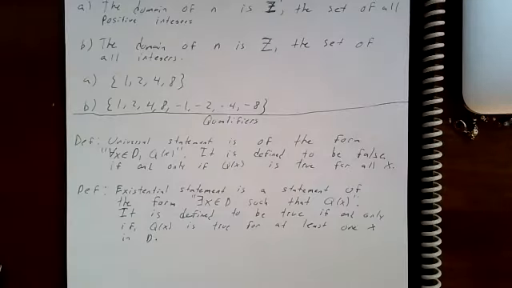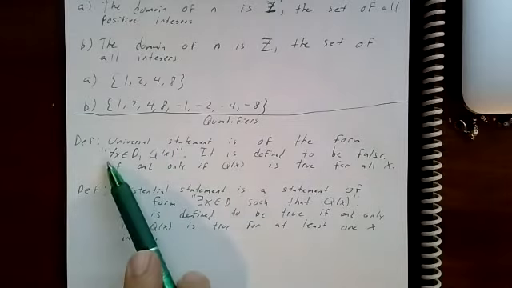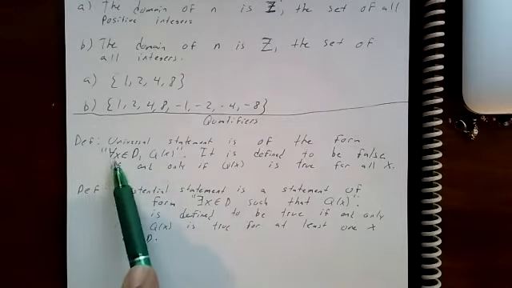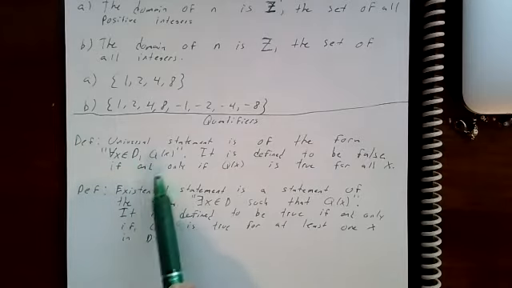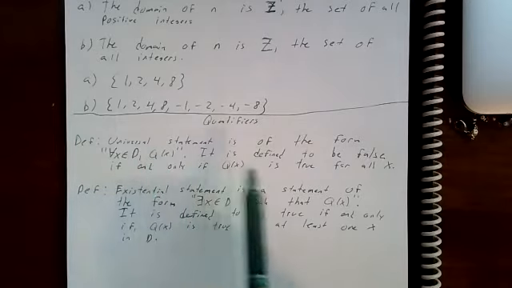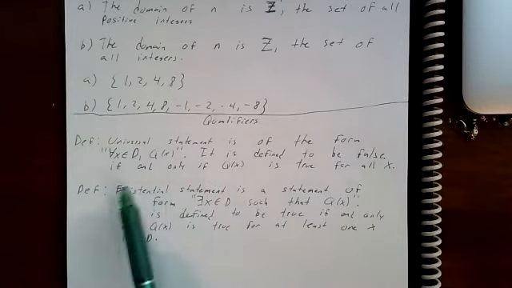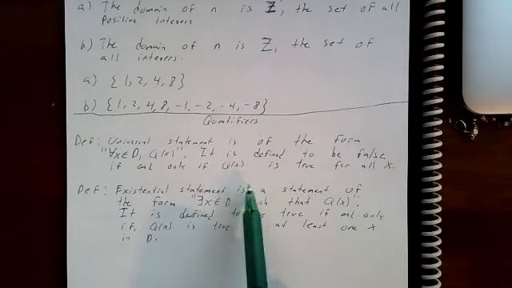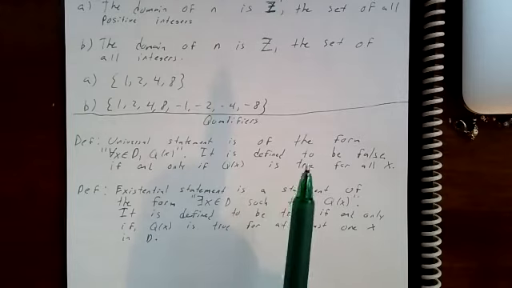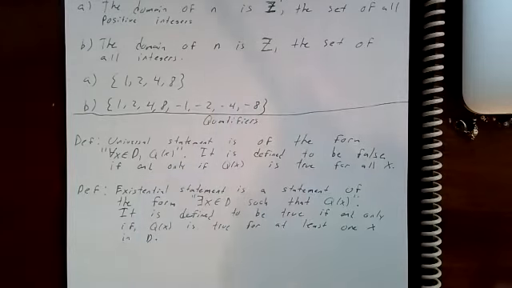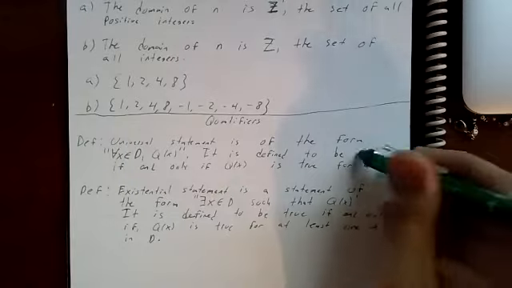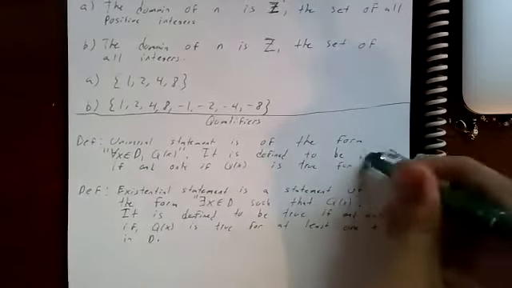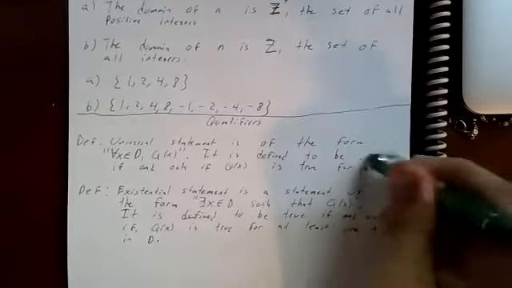All right, let's talk about the quantifiers. So the universal quantifier is of the form, this little upside down A, for all x in D, Q of x. Sorry, let me double check that. It's defined to be true only if all x satisfy the statement.